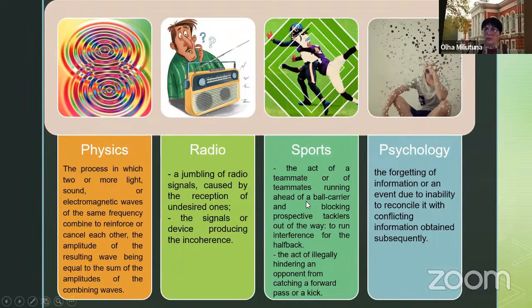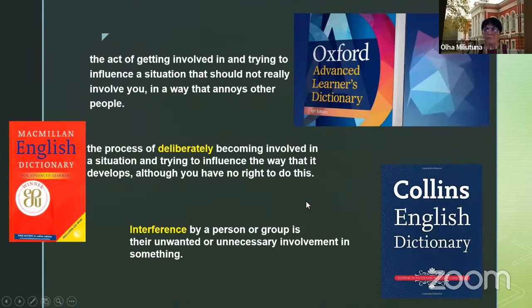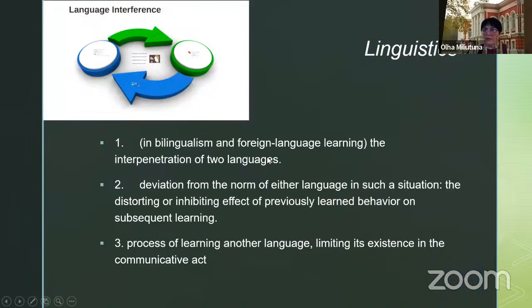In modern linguistics, there are different interpretations of these concepts. Well, you can see them on the slide. And modern linguists agree with Uriel Weinreich and consider as interference any language changes caused by the interpenetration or overlapping of two languages.